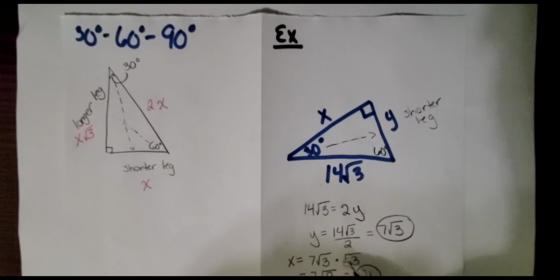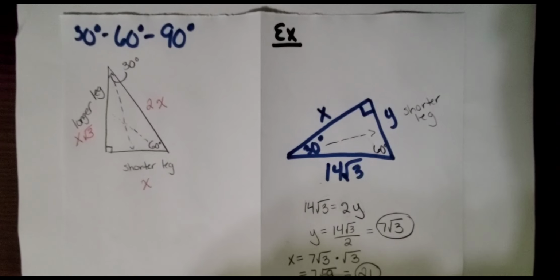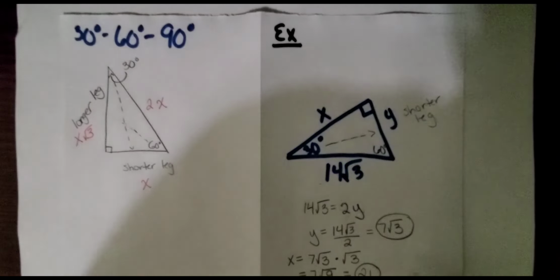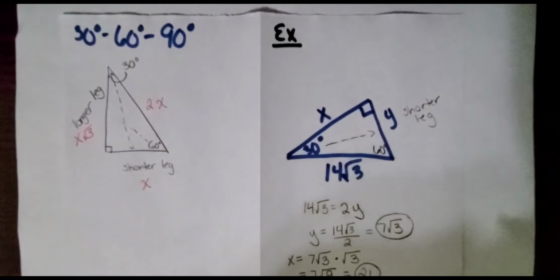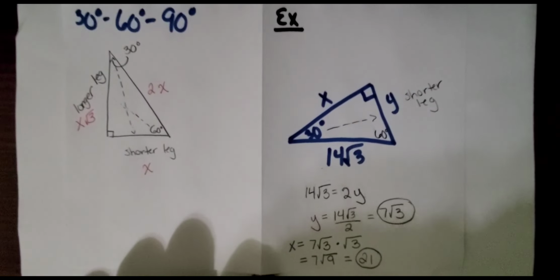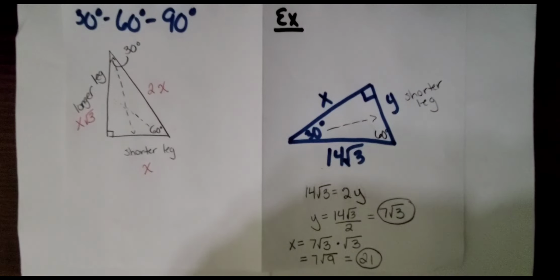Well, radical 3 times radical 3 is going to give me radical 9. Radical 9 is equal to 3, so 7 times 3 gives me 21. So the longer side of the triangle would measure 21. Take a moment and finish up the other 3 questions, 6, 7, and 8 on your worksheet.